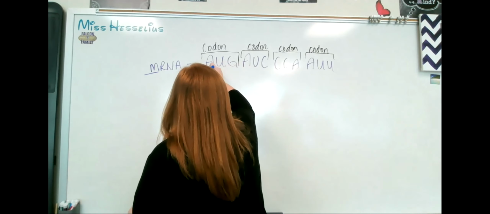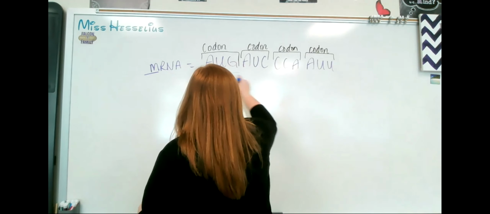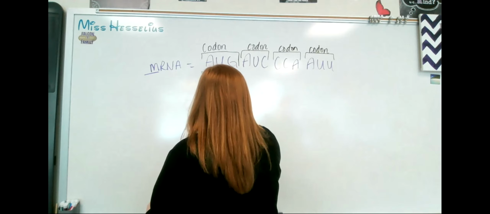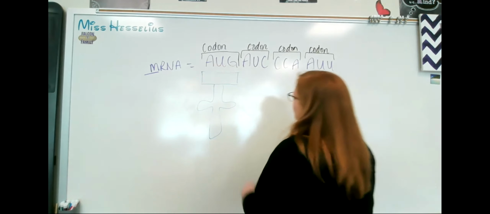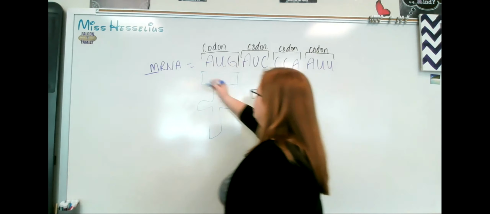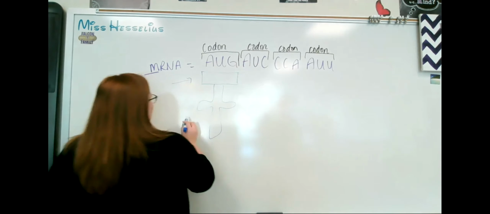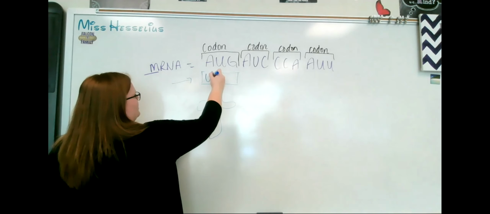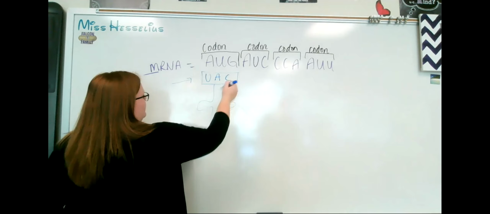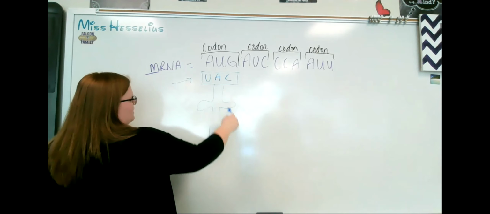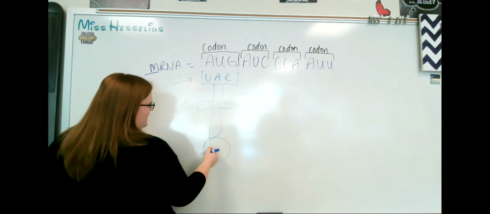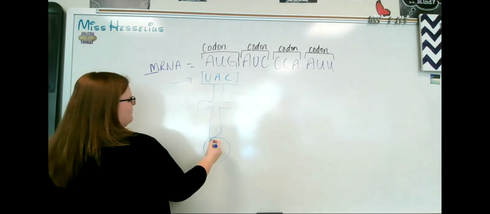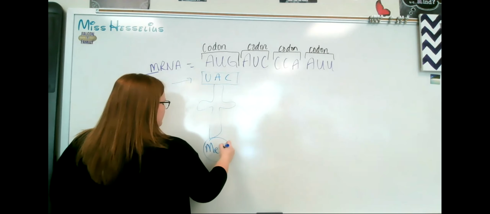So our tRNA molecules match up with our mRNA codons. And these tRNA molecules are made out of an anticodon, and then the tRNA molecule, and then on the other end, they have an amino acid that they're going to drop off. This one happens to be methionine.